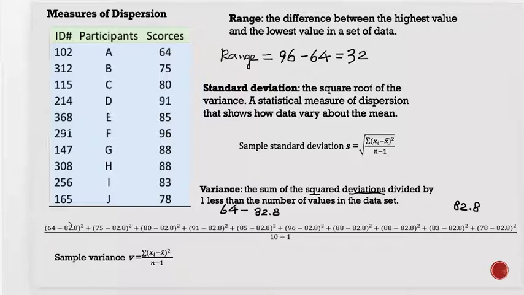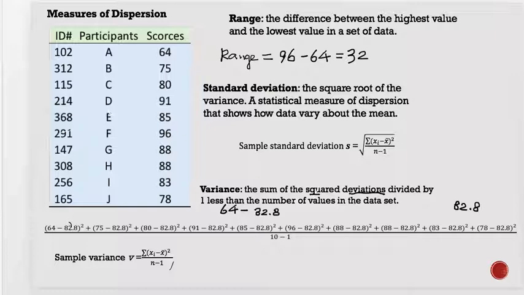The generalized formula for sample variance is this one, because we are going to write this long equation.